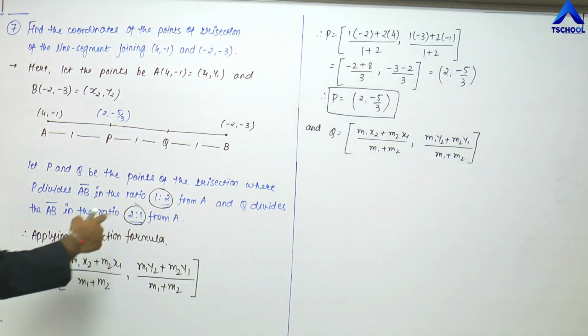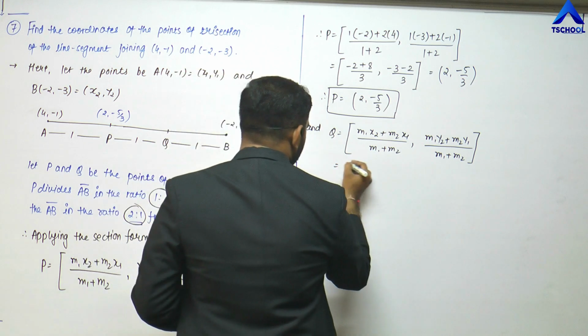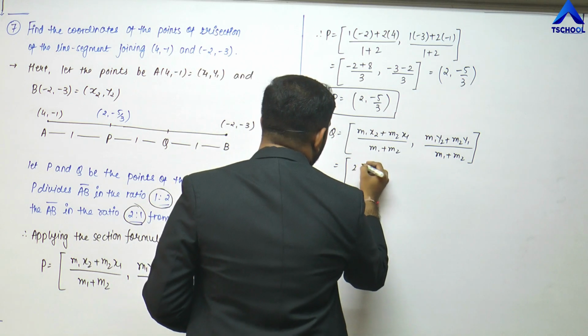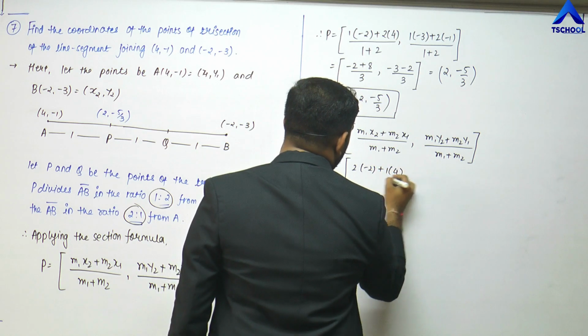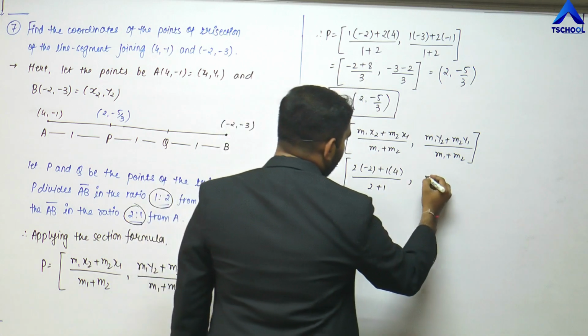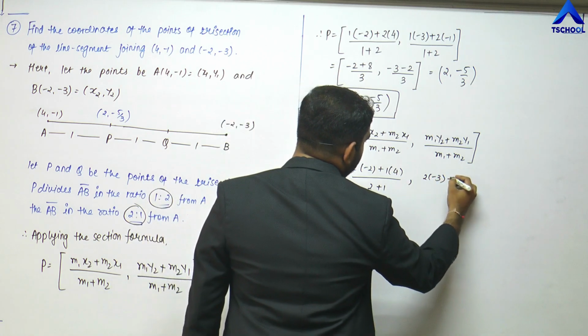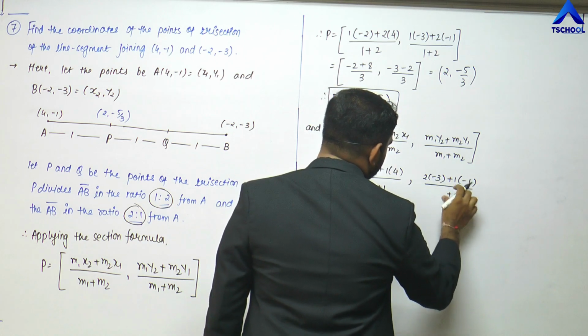divides the line segment AB in the ratio 2:1 from A. That is equal to 2 into minus 2 plus 1 into 4 upon 2 plus 1 comma 2 into minus 3 plus 1 into minus 1 upon 2 plus 1.